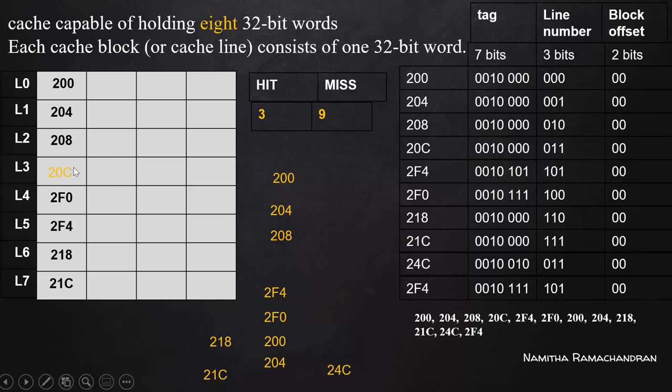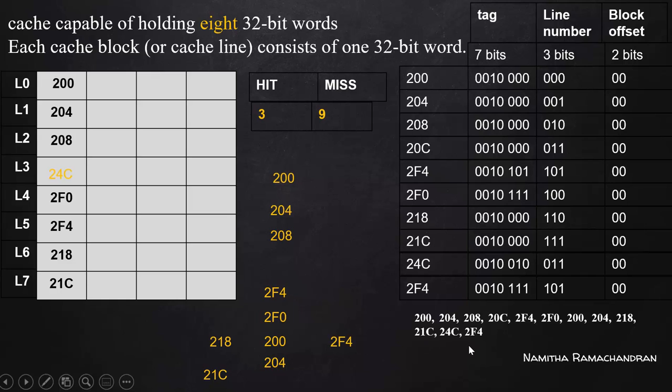So whatever word is present at line number 3, we need to remove from this position and place back into the main memory. Now room is available here, and we place the word that contains the byte address 24C into line number 3. So this is actually a cache miss.